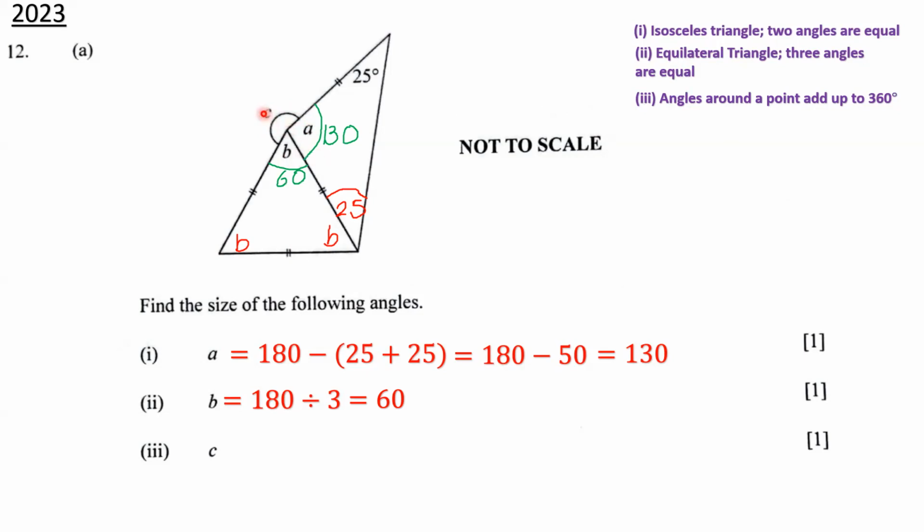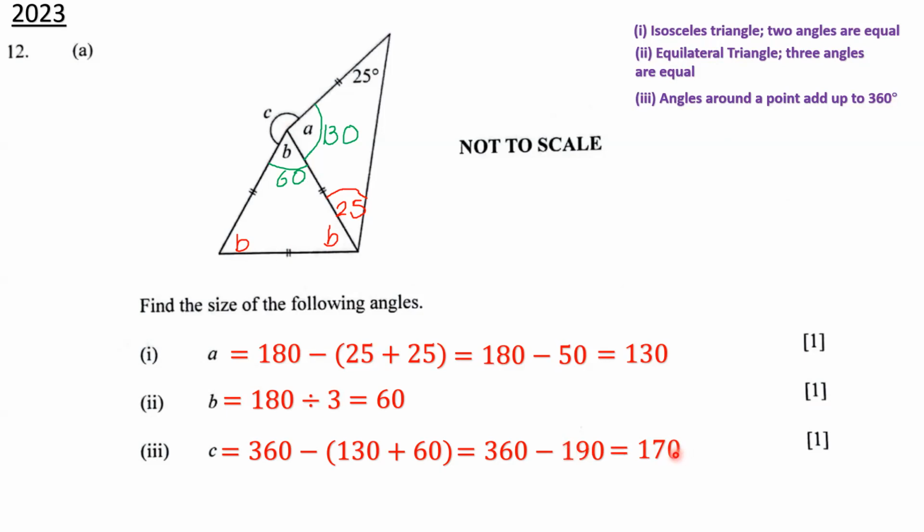So in order to figure out what C is, well, we already know what A is, that's 130, and B is 60. So we're going to add them together. So we add 130 plus 60, and that's going to give us 190. And so now we have 360 minus 190, and that's going to give us 170. Again, 360 minus 190 is 170.